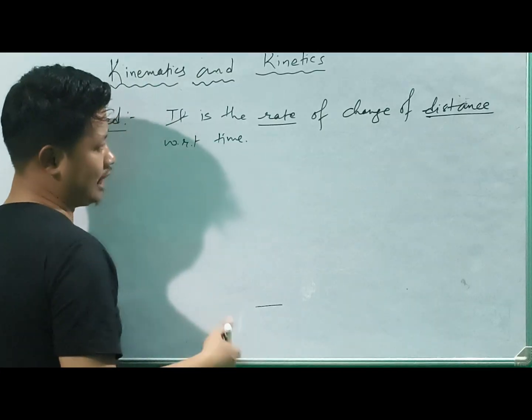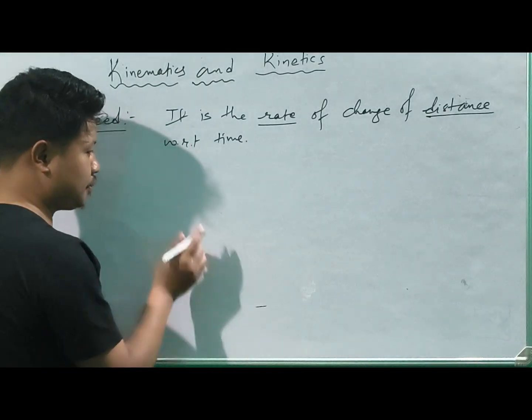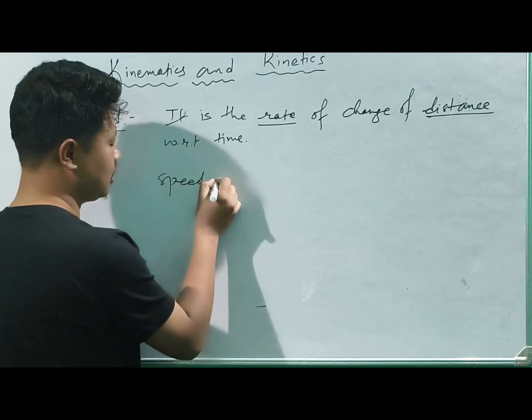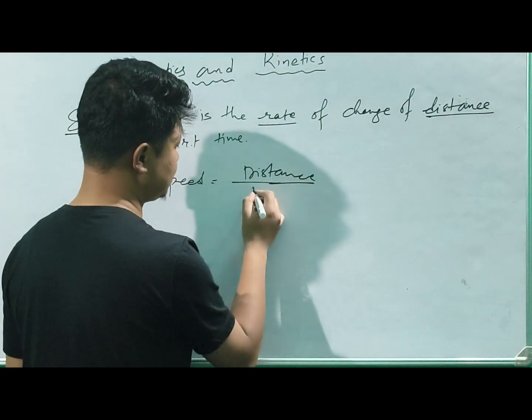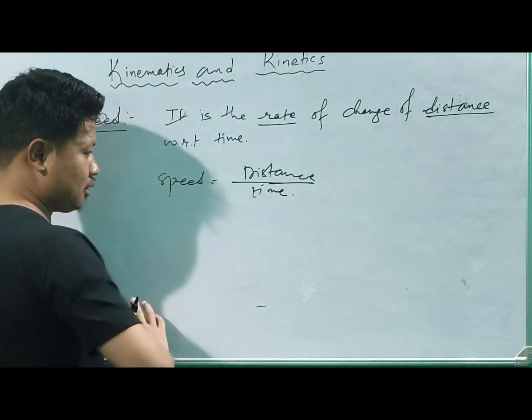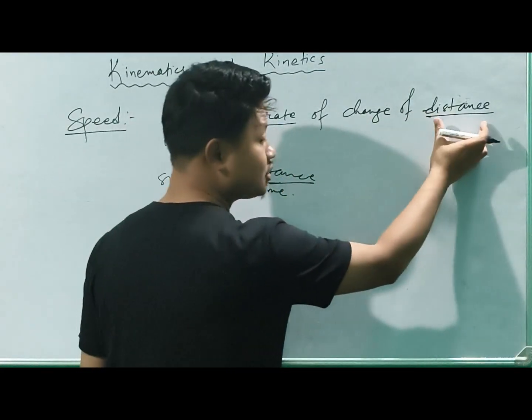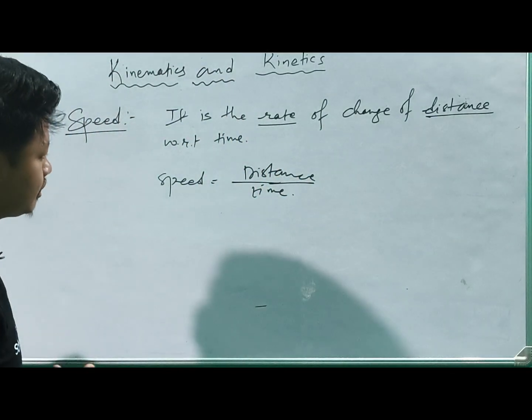Rate means it is a comparison, like a ratio. We are comparing distance and time, that is why we have written rate. It is the change of distance over a certain given time.